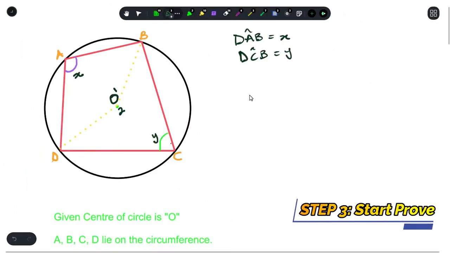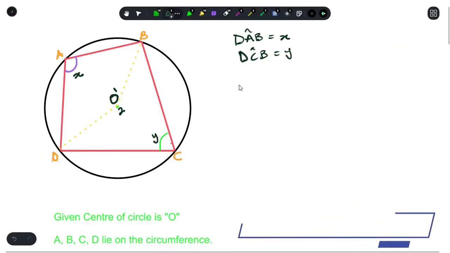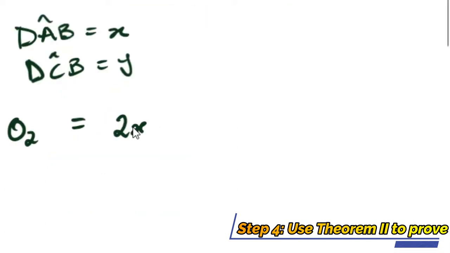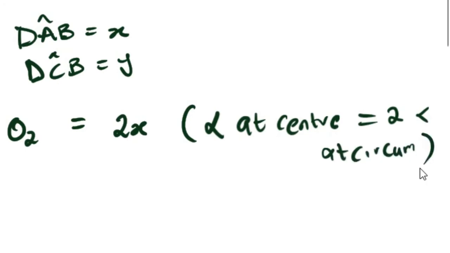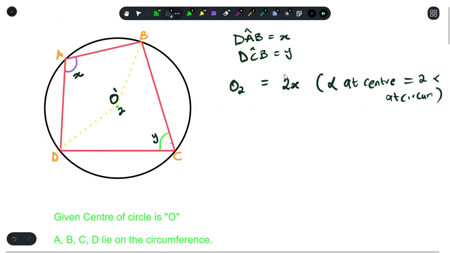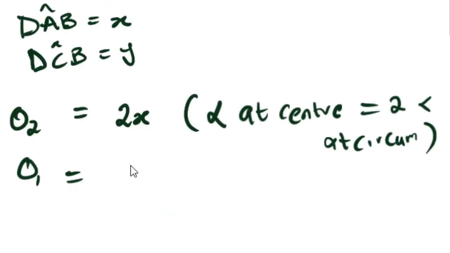Let's get into proving. So from the second theorem, we understand that O2 would be equal to 2x, because angle at center is equal to twice angle at circumference. And because of that, we also understand that O1 would be equal to 2y. Same reason.